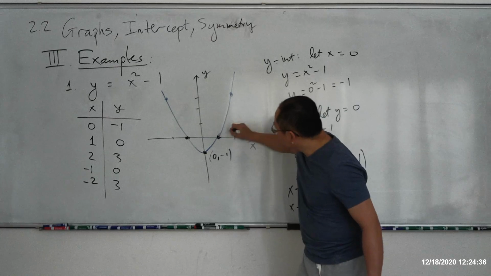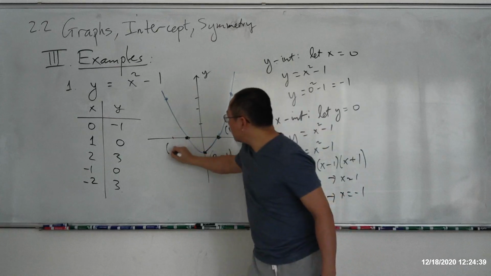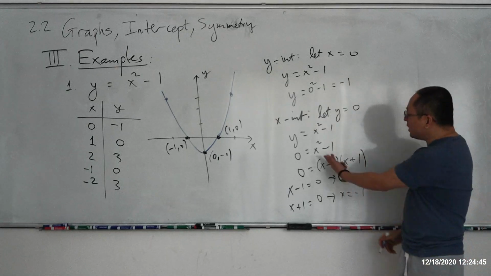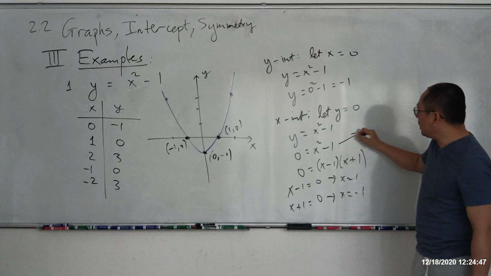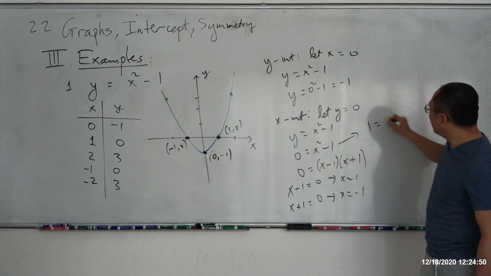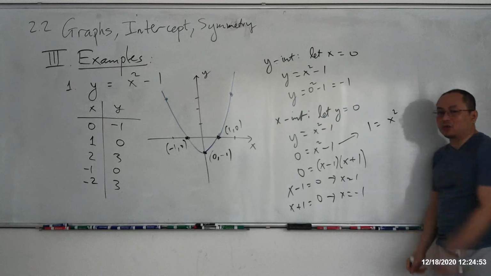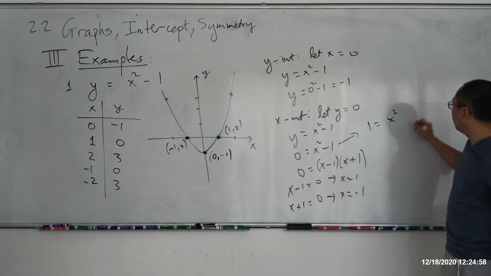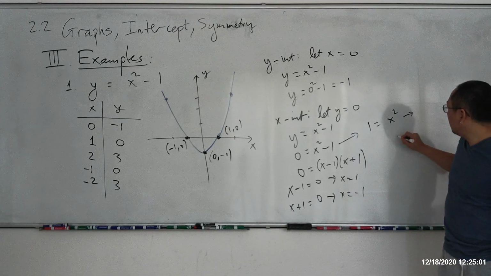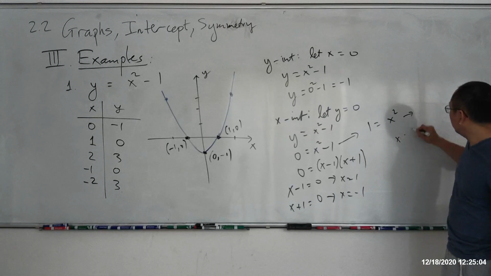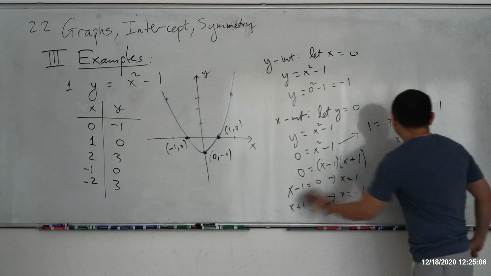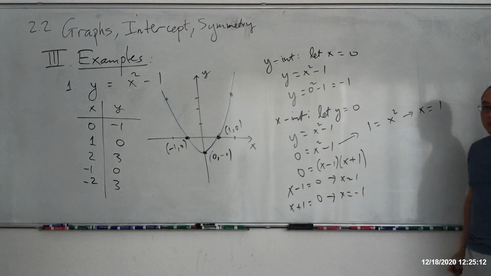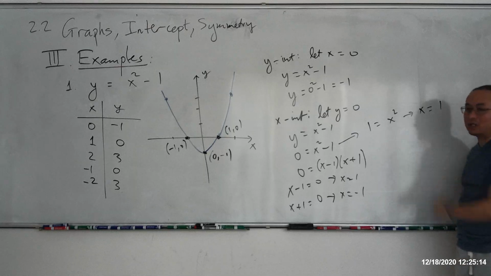This point right here is (1, 0). This point right here is (-1, 0). 2 x-intercepts. Another way, which is easier for this specific equation, is to add 1 on both sides. You have 1 equal to x squared. And now here comes a little problem for some people. They say x squared equal to 1, and then they say, oh, x equal to 1, taking the square root of both sides. But actually it's not enough, because there are 2 values of x that make x squared equal to 1.